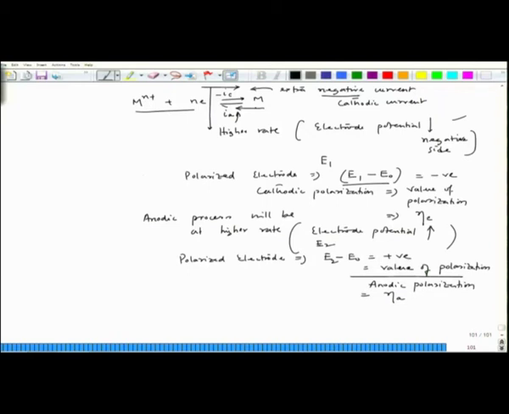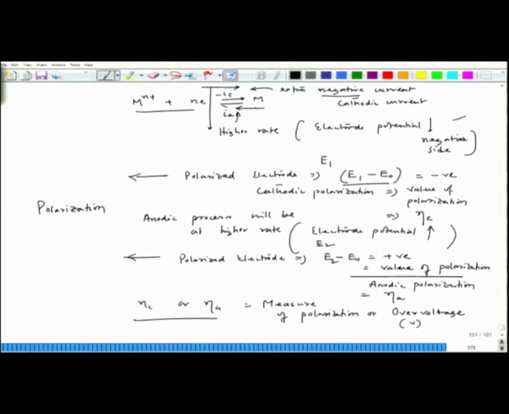The entire polarized situation arrives because of polarization. And this eta C or eta A, they are the measure of polarization, or we call it overvoltage. And this unit is nothing but volt.